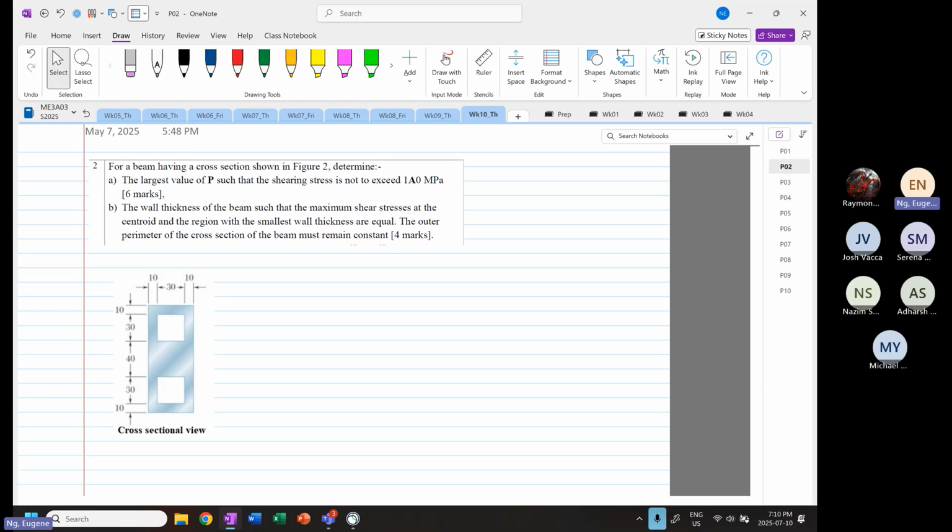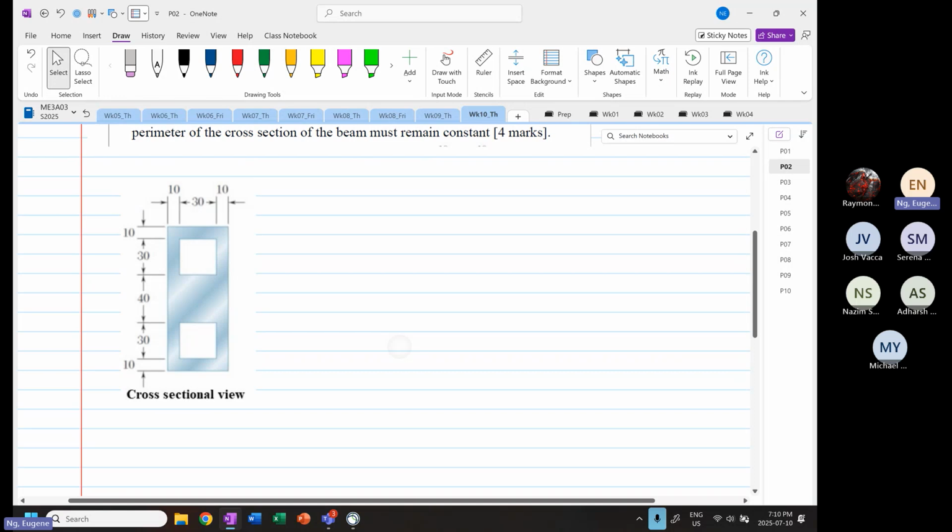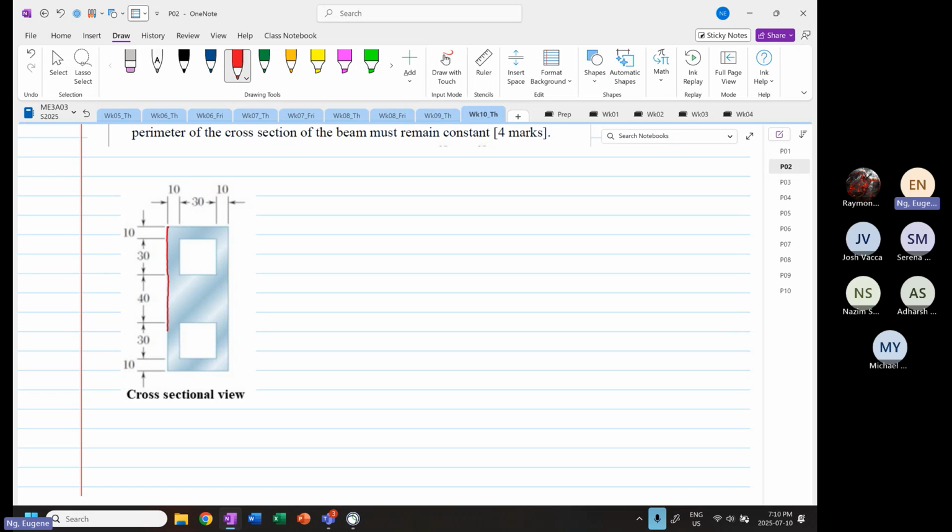The outer perimeter of the cross section of the beam must remain constant. So we have to find the new wall thickness of the beam. This question very specifically states that this outer perimeter cannot change.